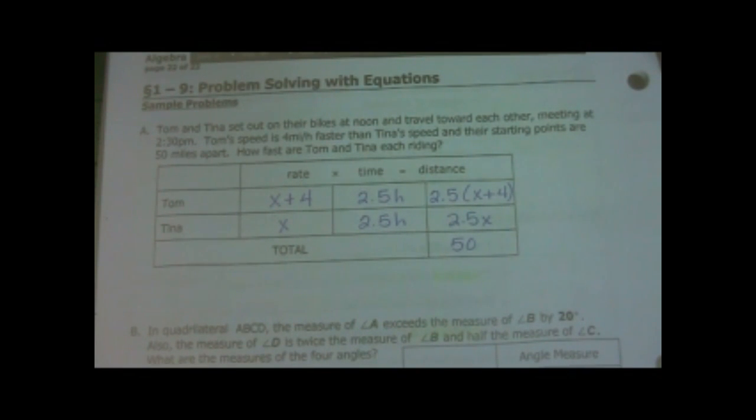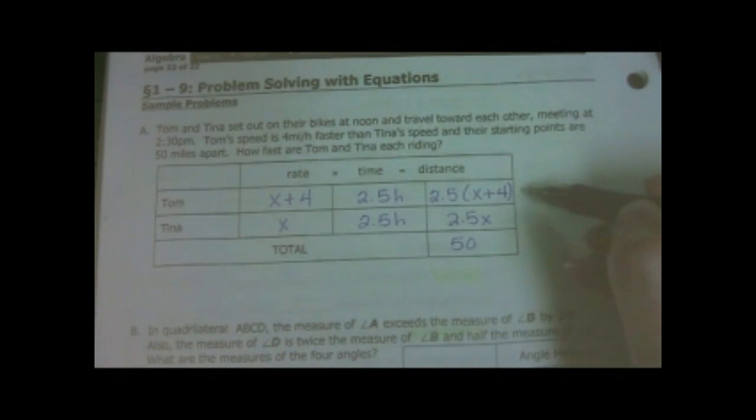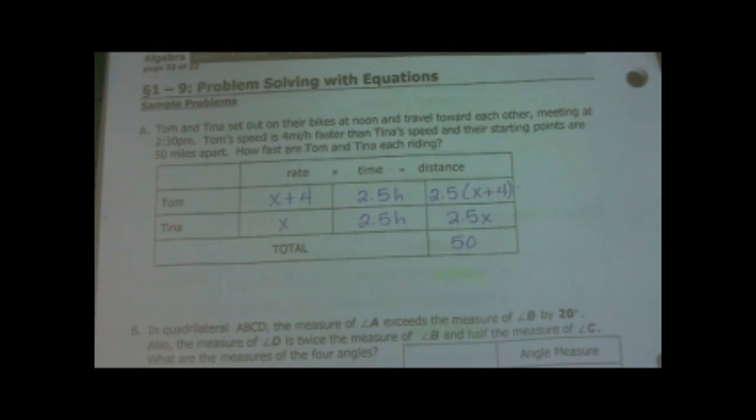So we're done? No. We have to figure out what x is, because we were asked how fast are Tom and Tina each riding. So, here's our equation. This distance, together with this distance, totals 50 miles. That's our equation.